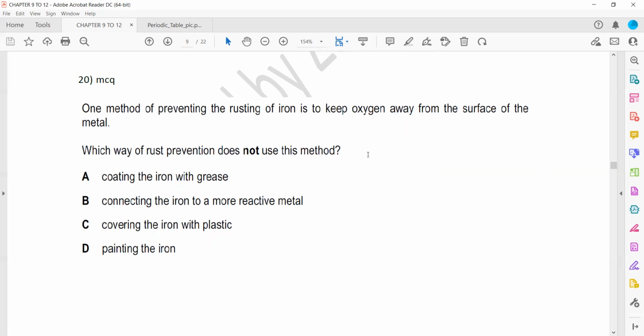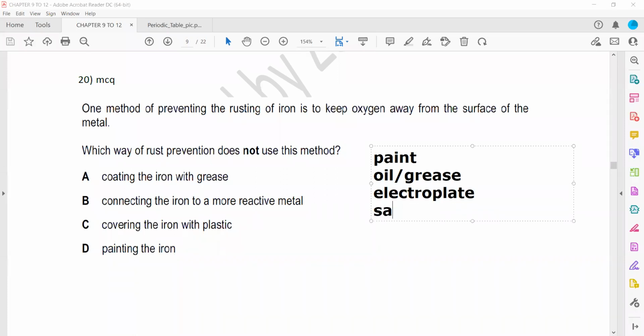What we do, we normally paint the structure. We can use oil or grease, or we can electroplate, or we can use sacrificial protection.